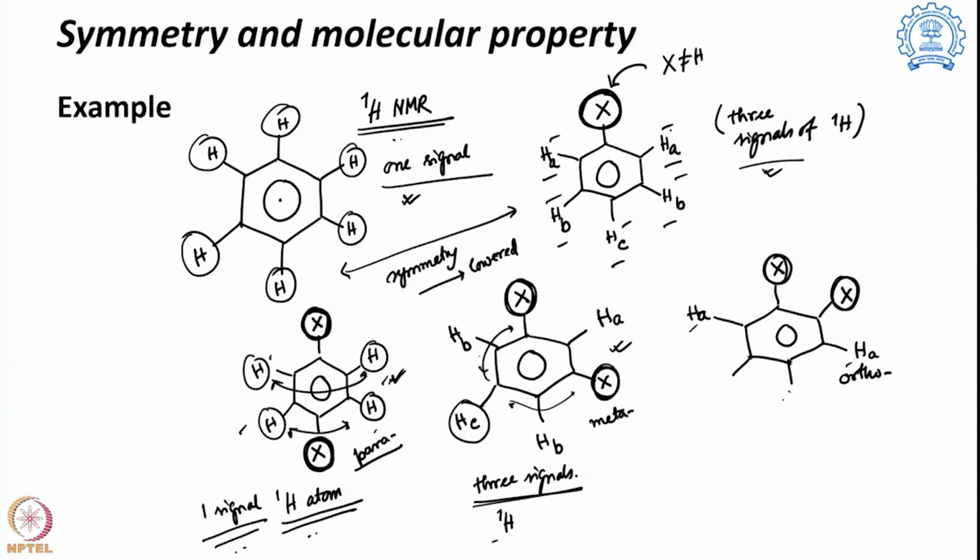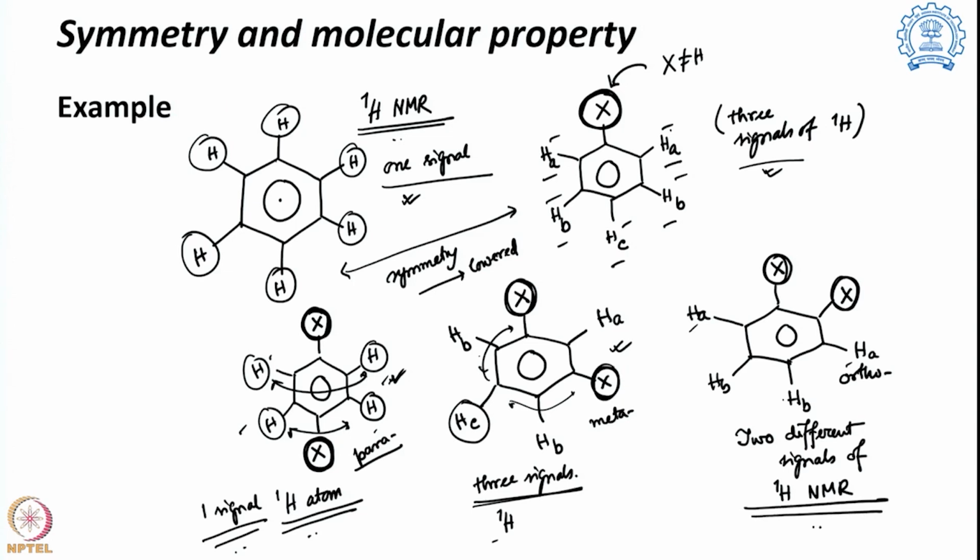So, one type. And this one is para to one and meta to the other, similar for this. So over there I am going to get 2 different signals of proton NMR, and that is what we are going to get for this particular molecule.